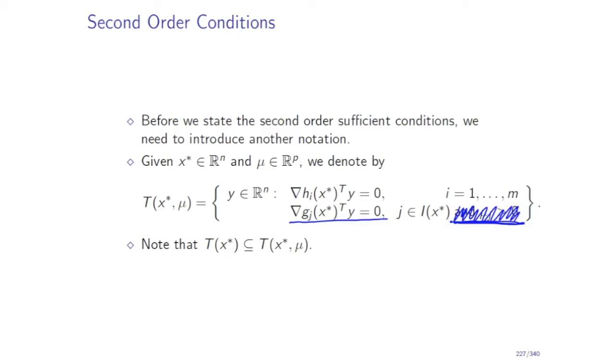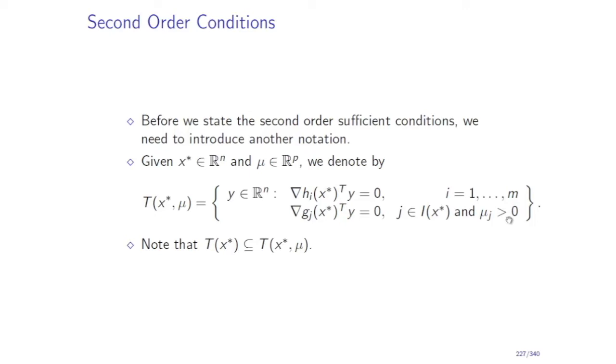But let's see what this condition that we add here is about. We add this equation in the definition of T of x star mu only if, first, the constraint is active, and second, the corresponding Karush-Kuhn-Tucker multiplier is not zero, so it must be positive, okay? So remember, what was the role of the Karush-Kuhn-Tucker multiplier?